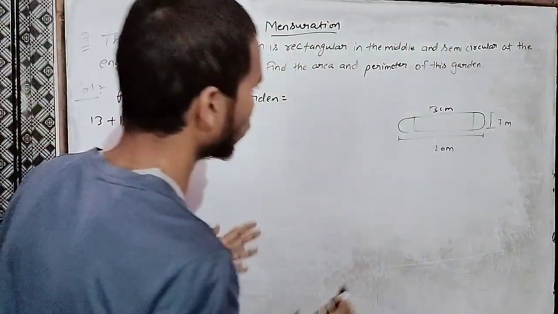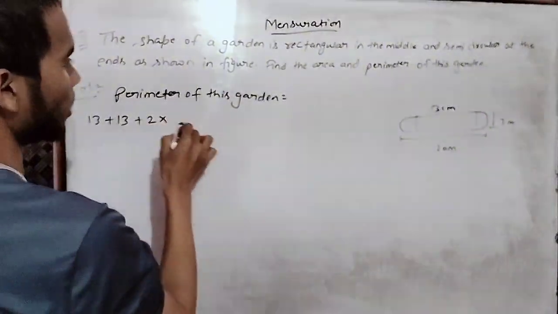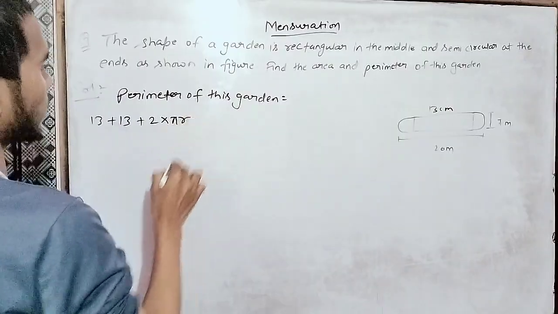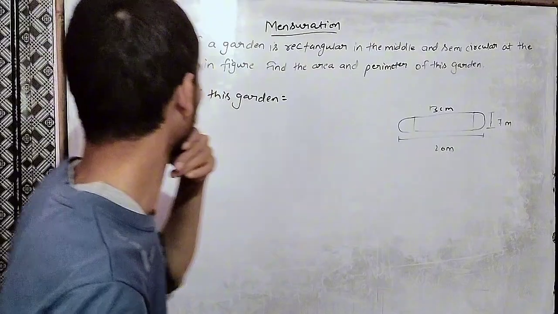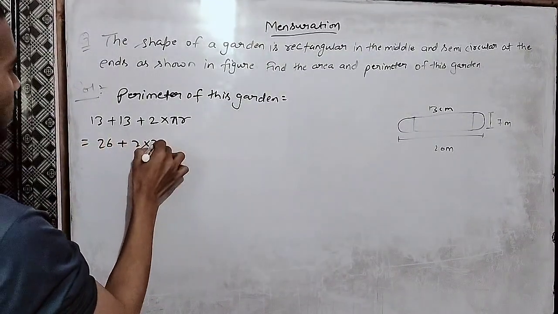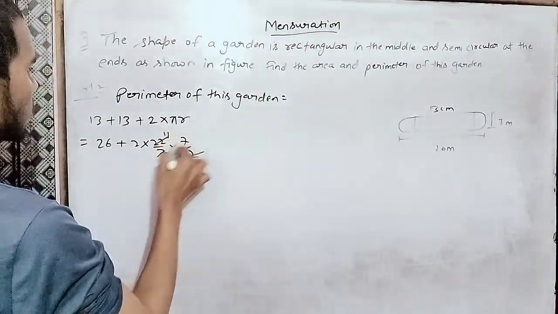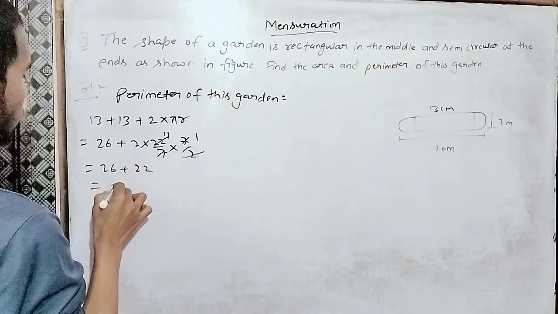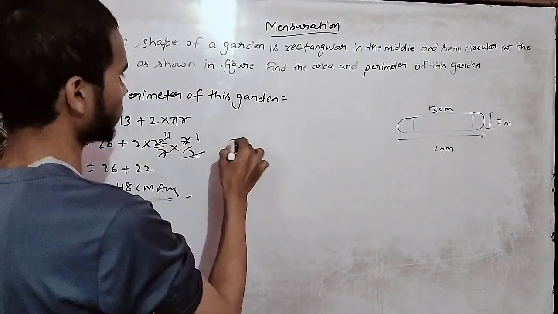Now we have 2, so can we write 2 multiplied by semicircle? So pi r, 2 pi r. 26, 22 is 48. Is the answer correct? No.